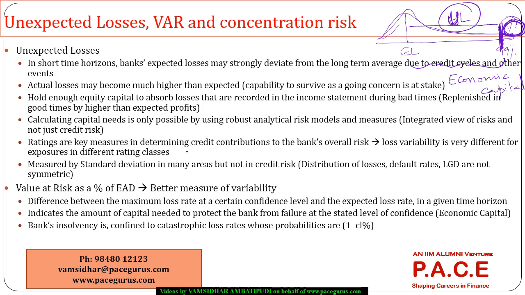If there is some catastrophic, extreme loss, whose probability is 1 minus the confidence level, a low frequency, high severity kind of loss, only in those cases is the bank going to lose very badly. In all other cases, the bank is being protected by the economic capital, which is used as a backup for protection purposes.